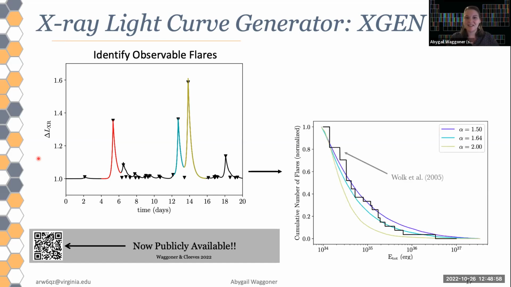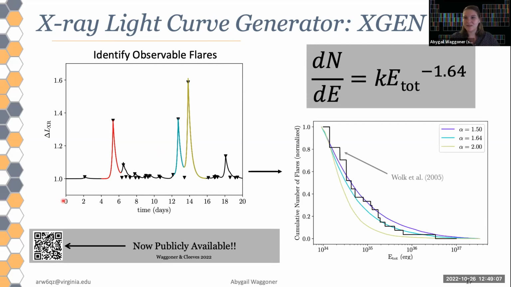We were able to match that to the Wolk et al. 2005 energy distribution, and we actually found our best fit power law index was negative 1.64. So this is how we were able to accurately model X-ray flares as observed by the COUP survey.